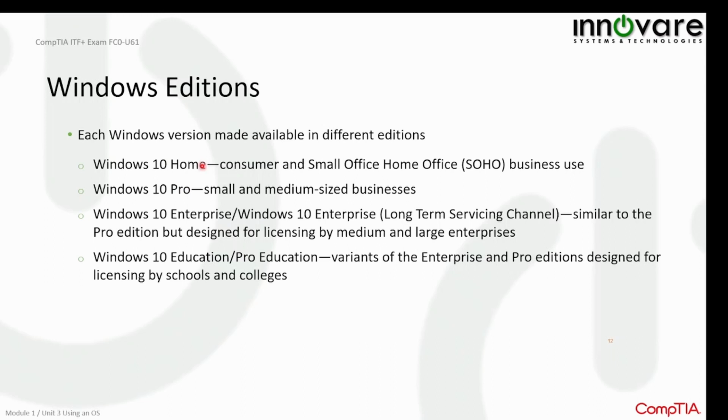Windows Home, it doesn't work with Windows Server. There's no domain. I mean, it will communicate, but you cannot join it in a domain. When we say domain, those are advanced functions of Windows networking. And then the enterprise level, higher than Windows Pro, has what we call a long-term servicing channel.